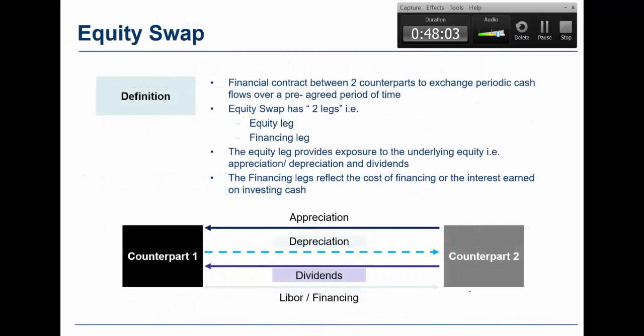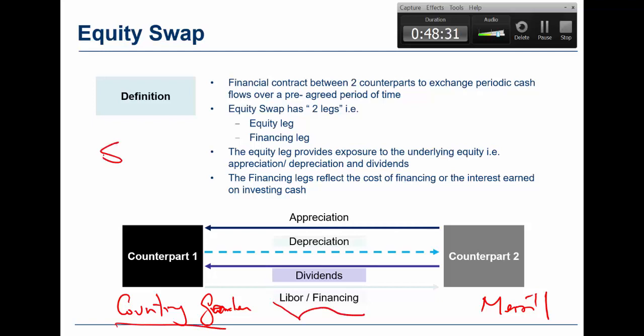Okay, the way it works is, let's say you are Country Garden, and I am Merrill Lynch, then in this swap transaction, Country Garden would pay the borrowing cost. So let's say you trade $1 billion as your notional principal. They will pay the LIBOR funding cost on $1 billion.